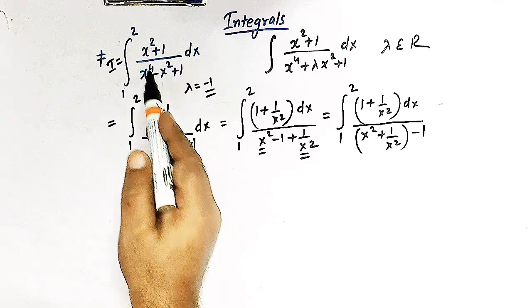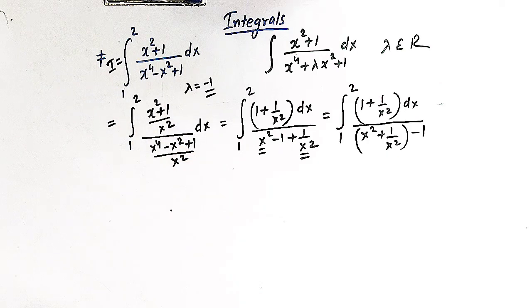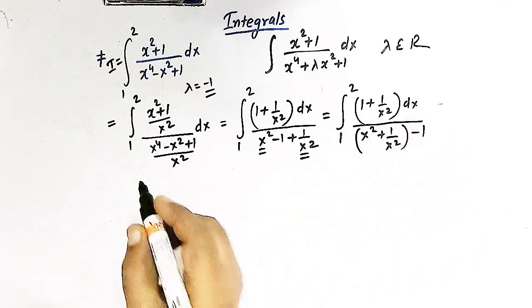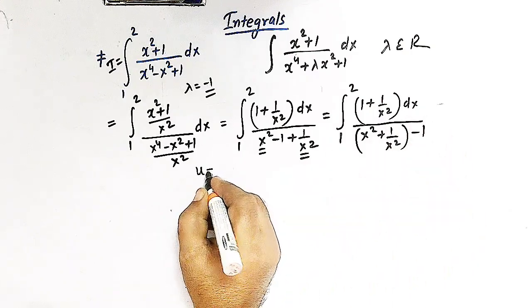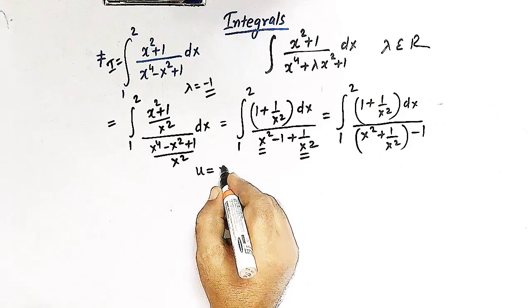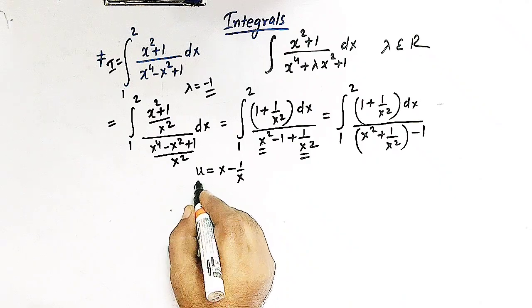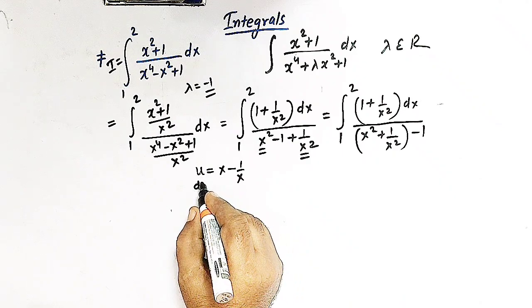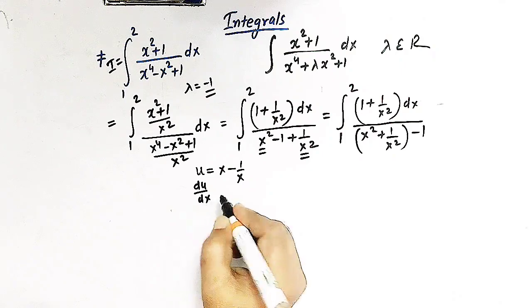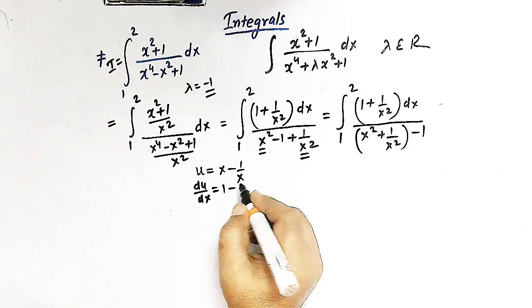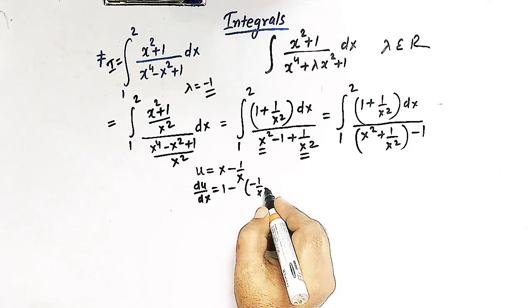So the first step is to divide the numerator and denominator by x square, and now the second step is to make use of the method of substitution, where in the numerator we have (1 plus 1 over x square) dx. So we will assume this substitution, that is u is equal to x minus 1 over x, right? When we differentiate u with respect to x, we can write du over dx, and the derivative of x is 1, and the derivative of 1 over x is minus 1 over x square.